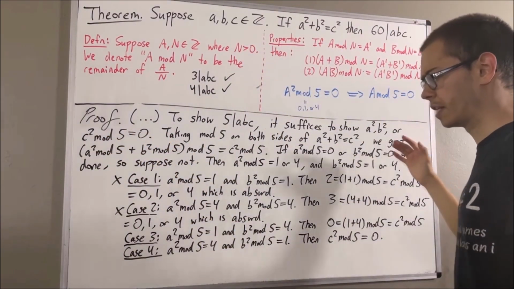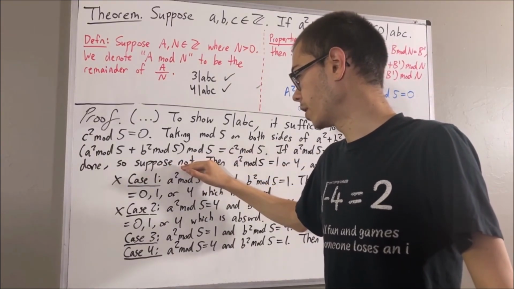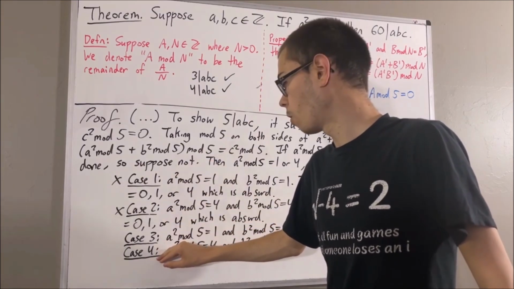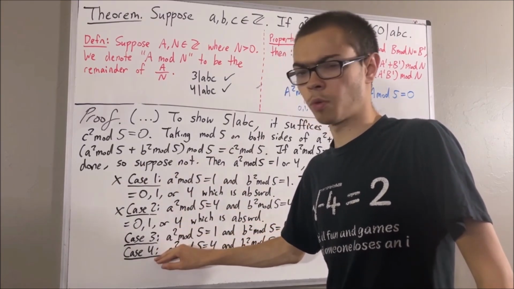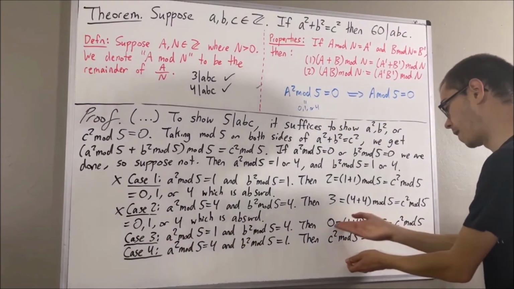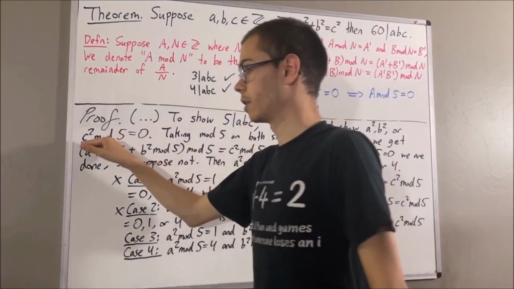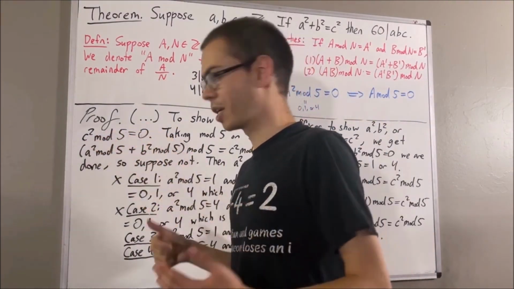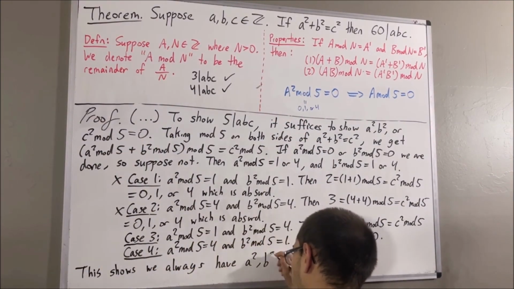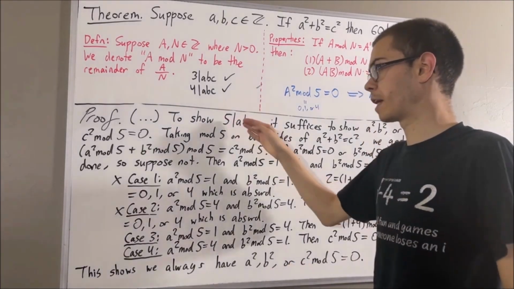The other possibility is that it's instead false, and from there we discovered 4 cases to consider. It turns out only 2 of those cases were possible, and in each of those 2 cases, c squared mod 5 is equal to 0. And therefore, at least one of these 3 is always 0, no matter what. And this was enough to show that 5 divides abc.